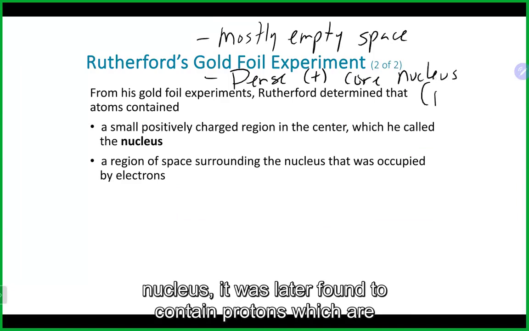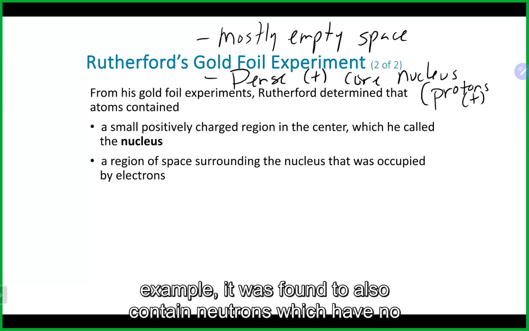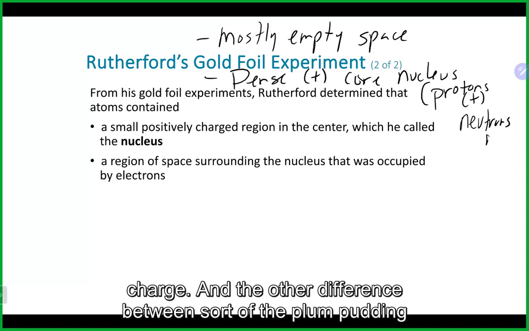And in that nucleus, it was later found to contain protons, which are positively charged. And later on, in the 1930s, 1932, for example, it was found to also contain neutrons, which have no charge.